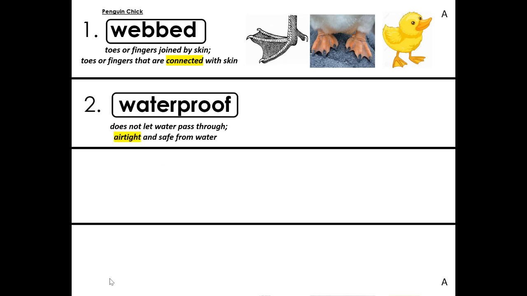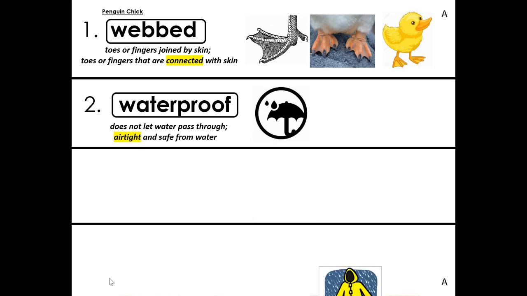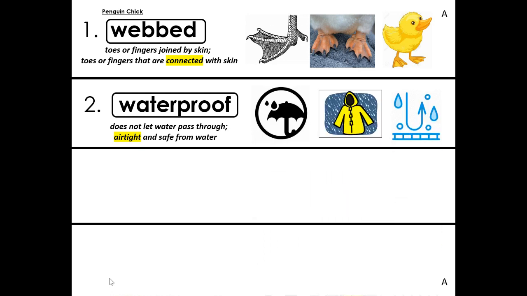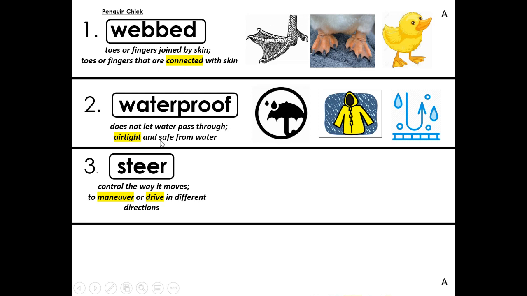Number two, waterproof. Does not let water pass through, airtight and safe from water. After you've written the word waterproof, in the second column, the synonym is airtight. I highlighted that in yellow. Number three, steer. Control the way it moves, to maneuver or drive in different directions.